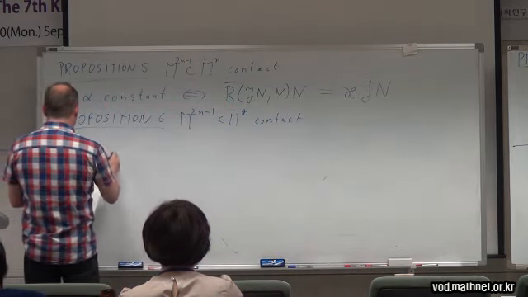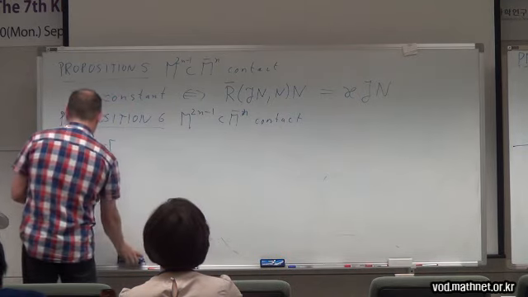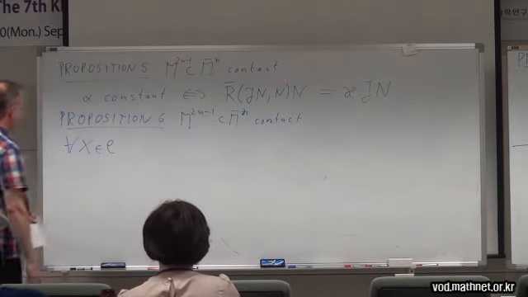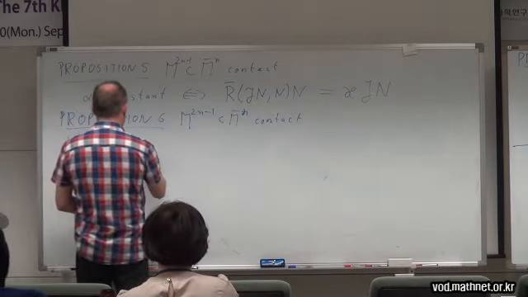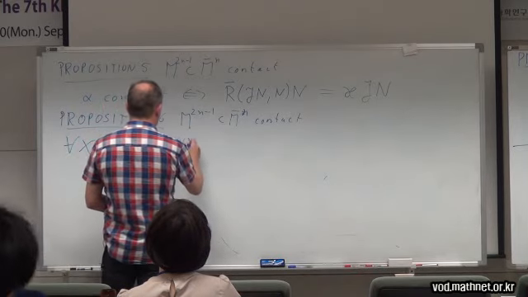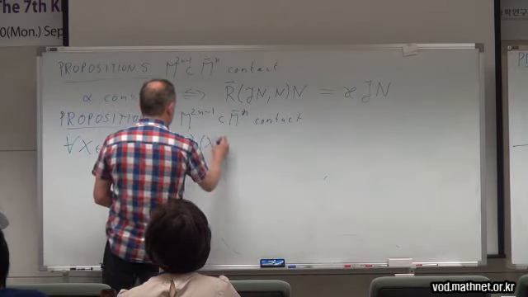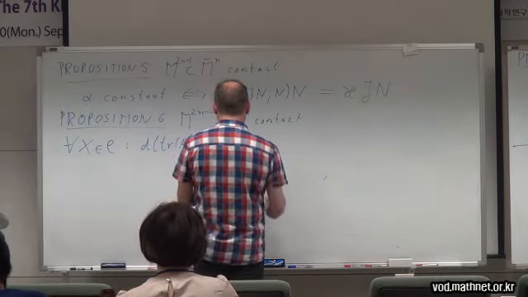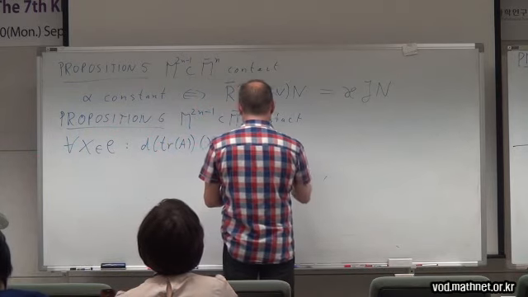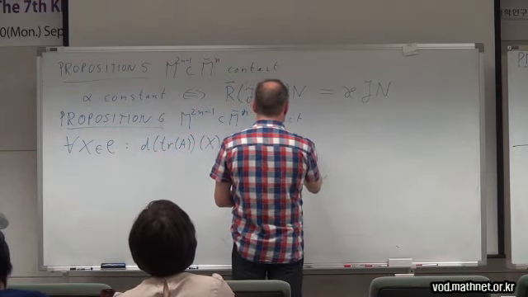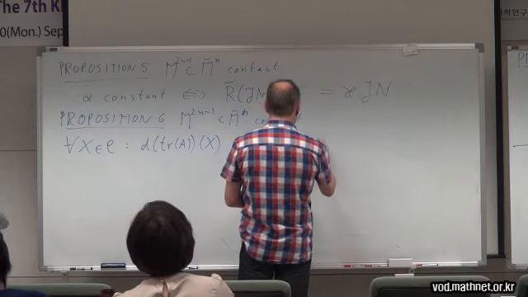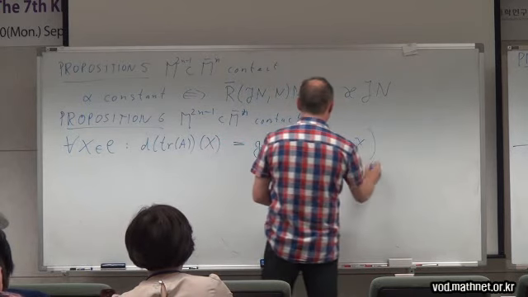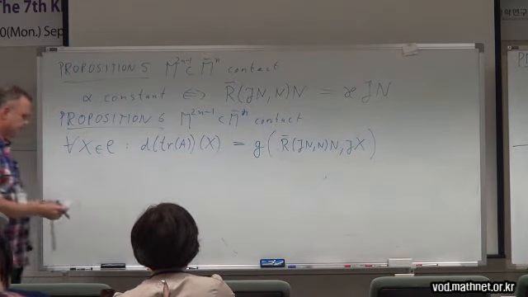Then for all x in the contact distribution, the derivative of the mean curvature in direction of x is given by the inner product of the normal Jacobi operator with respect to n applied to Jn, and then inner product with Jx.